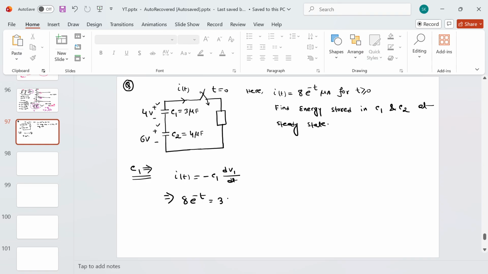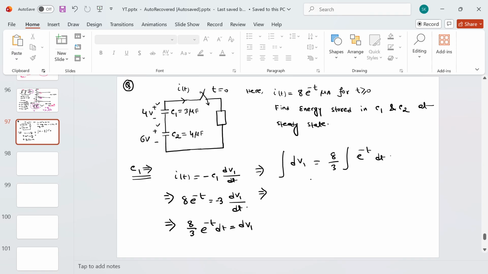I'm not showing the micro because micro and micro will cancel from both sides, so I'm just ignoring this minus 1. So you will get 8 by 3 e^(-t) dt is equal to dV1, okay? Now integrate it. dV1 is equal to 8 by 3 e^(-t) dt.